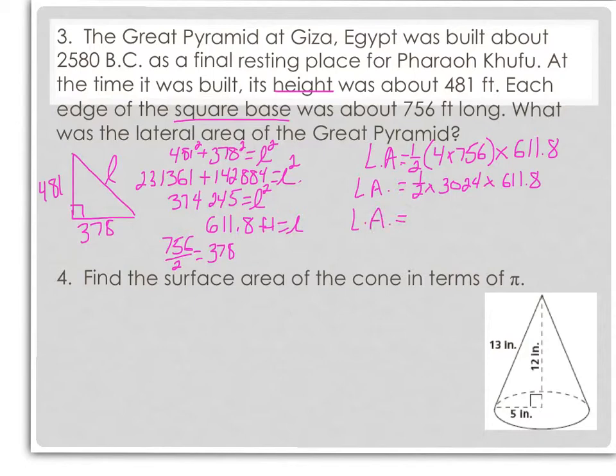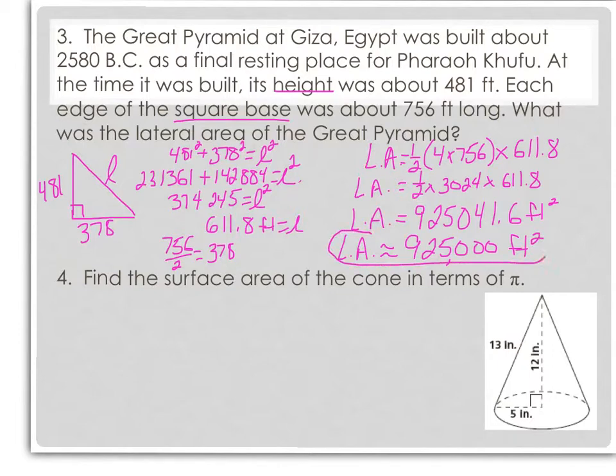And then rounding, we get 925,041.6, which is about 925,000 feet squared. So that's our lateral area of our pyramid.